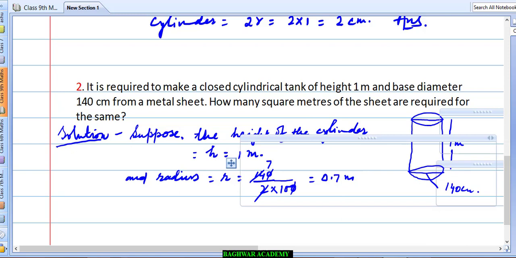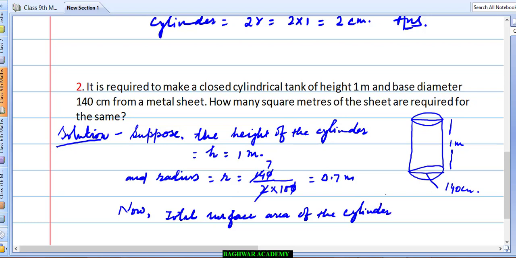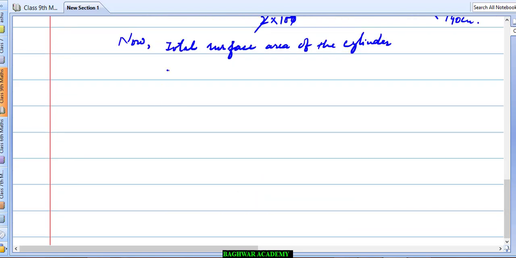Now, total surface area of the cylinder will be equal to, as we know, total surface area of the cylinder is equal to 2 pi r (r plus h).